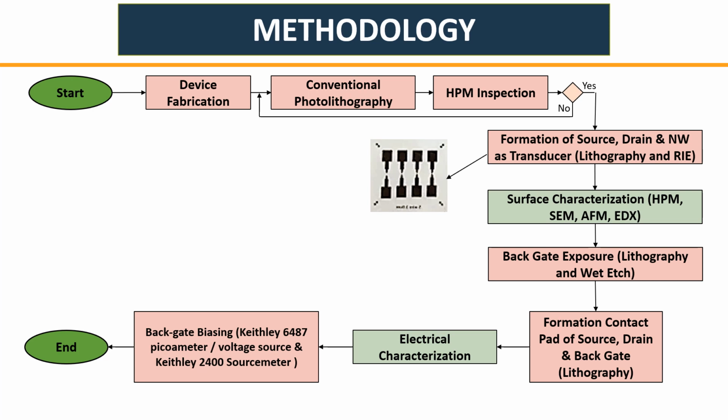Then we go to the surface characterization using HPM, SEM, AFM and EDX, and then we will expose the backgate using lithography and wet etch. Then we will form the contact pads of the source, drain and the backgate through a lithography process, and then we will go through the electrical characterization using a Keithley 6487 picoammeter voltage source and a Keithley 2400 source meter.